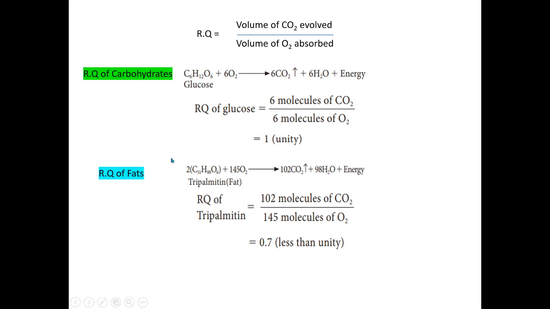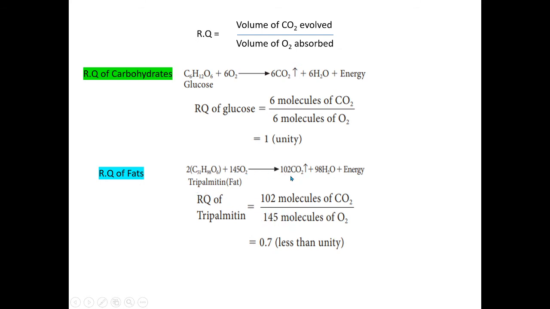If fats are used as respiratory substrate, fats are poorer in oxygen as they are in a more reduced state than carbohydrate. Therefore, they require more oxygen for complete oxidation, and the RQ value is always less than unity. The evolved carbon dioxide molecules are less than the absorbed oxygen molecules.